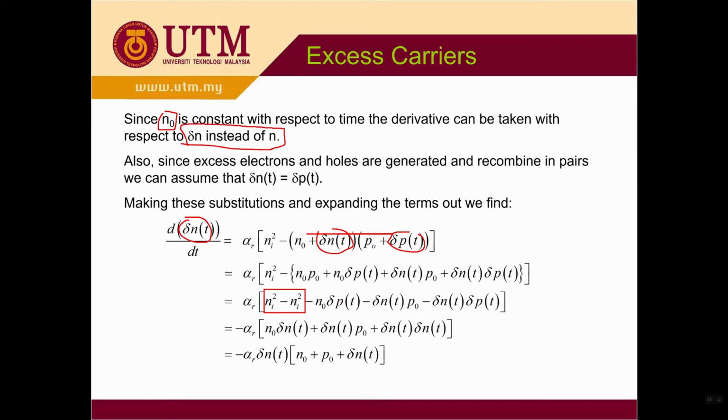You replace all these delta p with delta n. So I replace this one here, and this one here. Now you get this second line, you get n0 delta n and all this. Then you extract out the delta n. In the end, you get this equation.